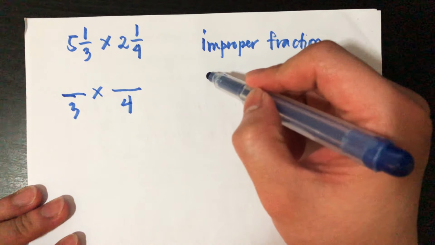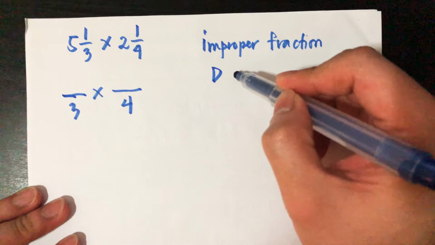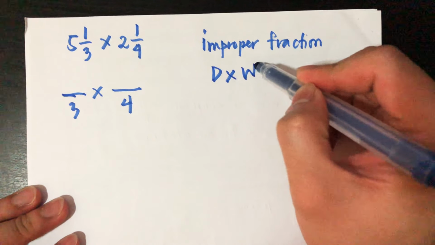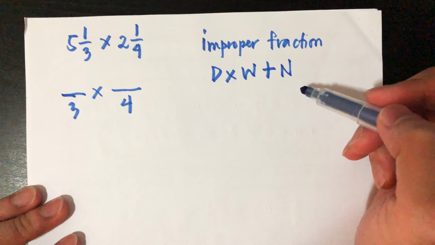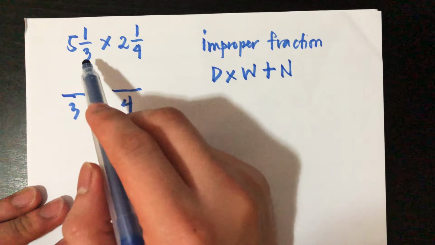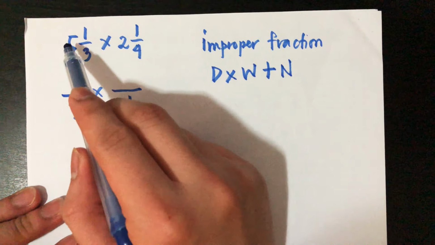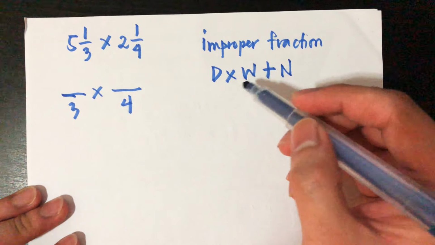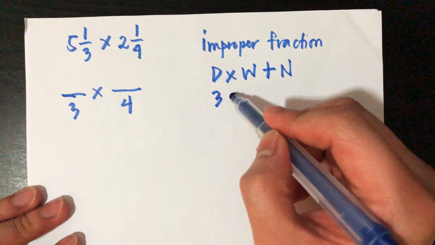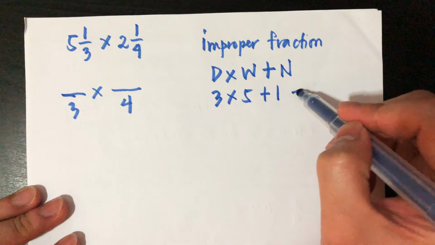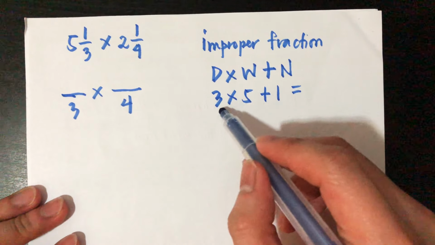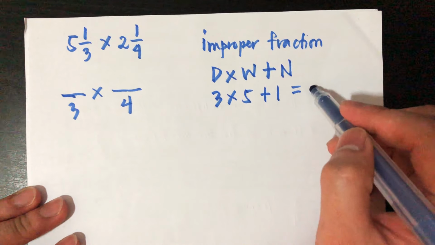So we have denominator times whole number plus the numerator. So for example, in this one, we have 5 and 1/3. So we have now 3 times 5 plus 1, which is equal to 3 times 5 is 15 plus 1 is 16.